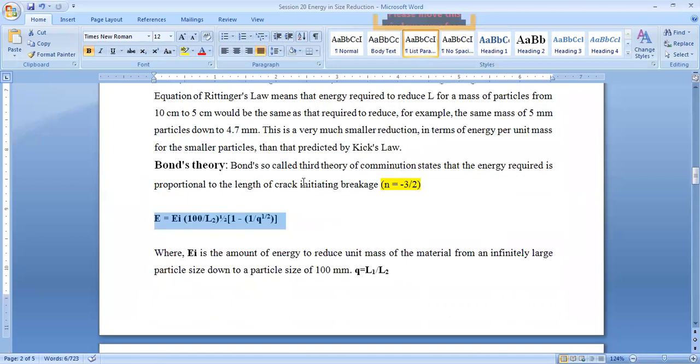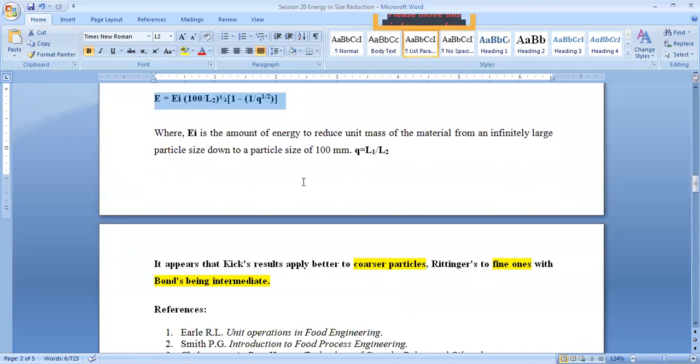The bottom line, the conclusion, is this. Kick's law applies well in calculating the power consumption for coarse particles, where I am breaking into coarser particles. Rittinger's theory applies well to fine particles, when I am breaking a bigger particle into fine particles. Bond's theory is applicable to intermediate size particles.